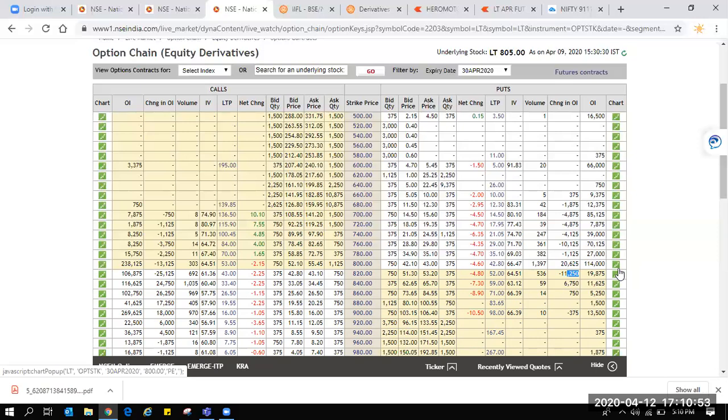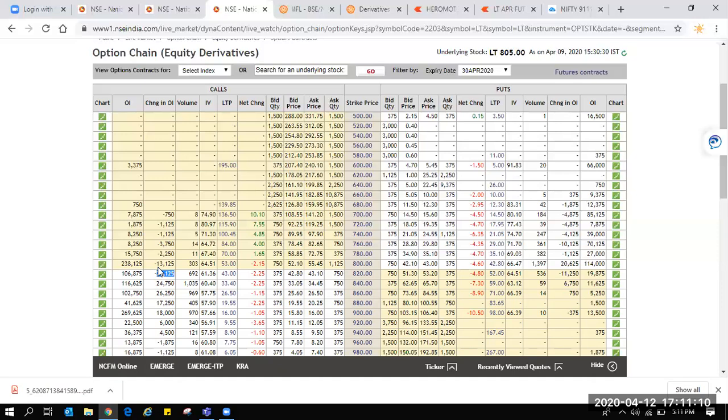And similarly, if you see some more addition the next day on the 820 also, then 100% the stock will not cross 820, it will fall further.